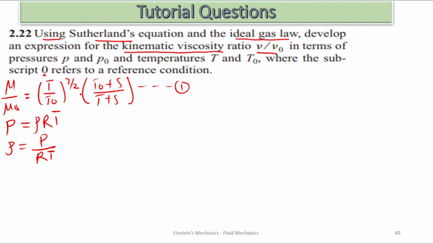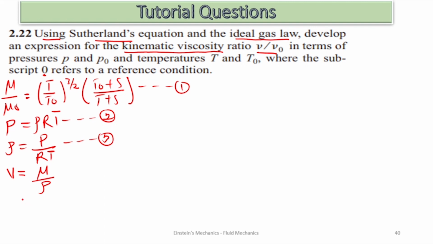So this is the starting point. I have it. This is the ideal gas equation. So I make density the subject and I'm getting this equation 3. Are we good? But since we are going to transform dynamic viscosity to kinematic, we know the relationship between them. We know that the kinematic viscosity V is giving us mu on rho.